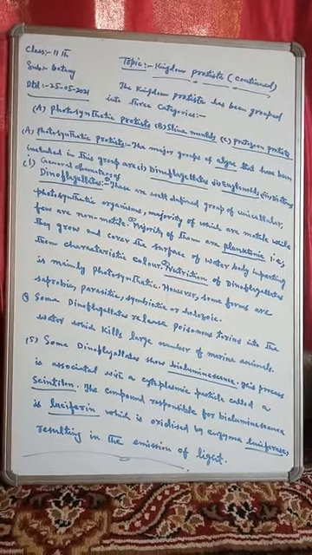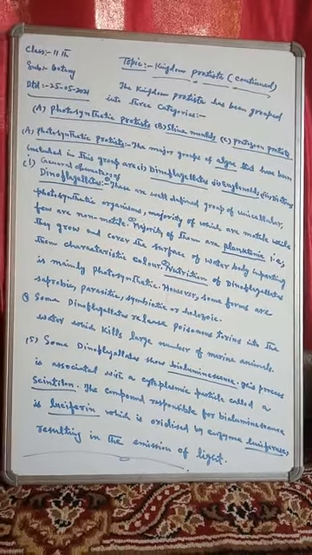So the second general character of the dinoflagellates is that the majority of them are planktonic, meaning that they grow and cover the whole surface of the water body in which they are found, and they impart the characteristic color to the water body.